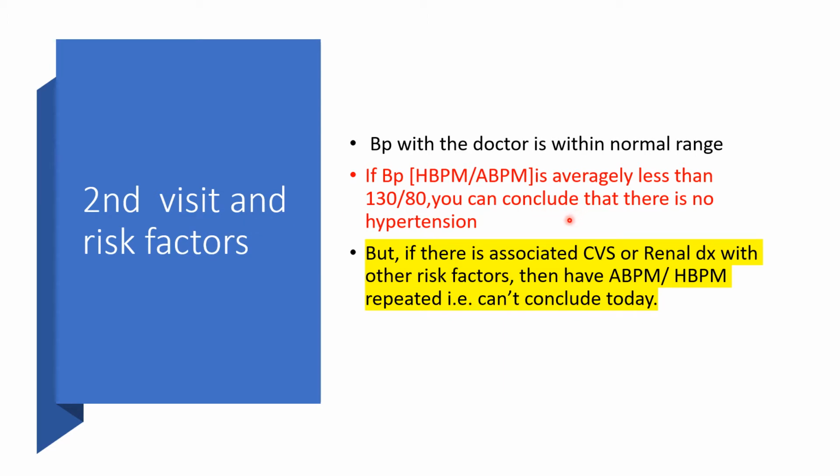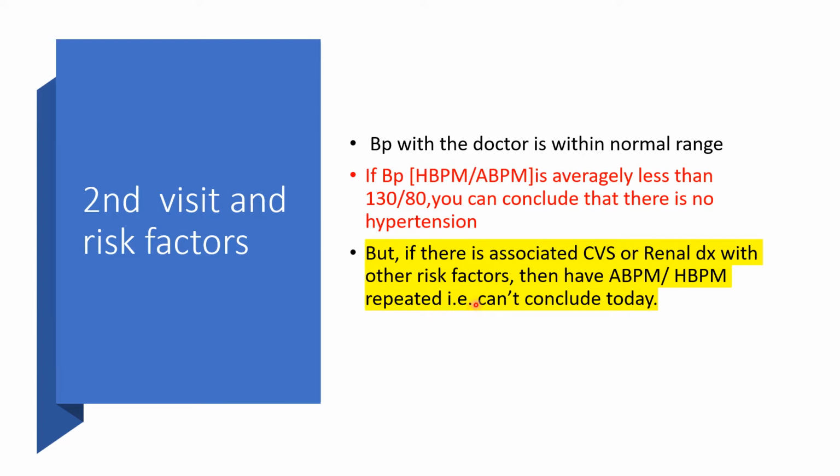No hypertension in this person. But if they associate cardiovascular system or renal disease with other risk factors, then we should have ambulatory blood pressure and home blood pressure repeated, which means we cannot conclude today.